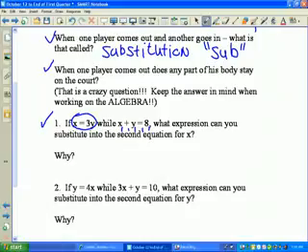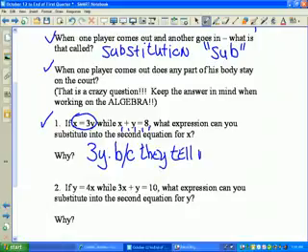Who is that x equals 3y going to sub for? So if you notice, it asks what expression can you substitute into the second equation. You can substitute 3y. And the reason for that, if I may abbreviate, because they're telling me what represents x.